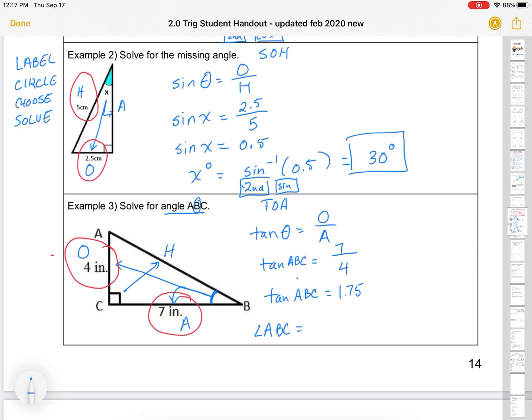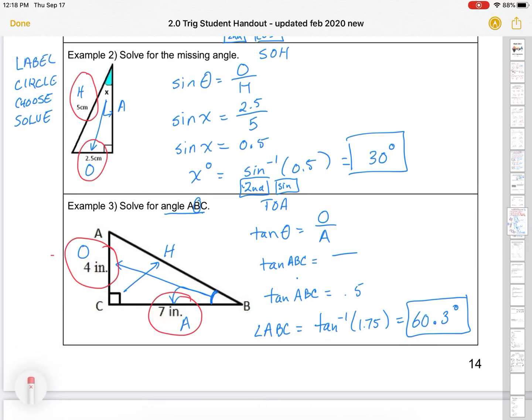So ABC would be tan -1 of 1.75. We do second function tan 1.75, and we get 60.3 degrees.